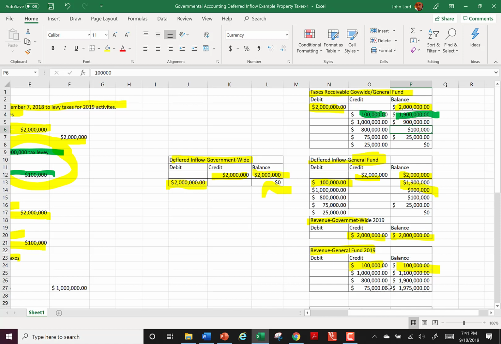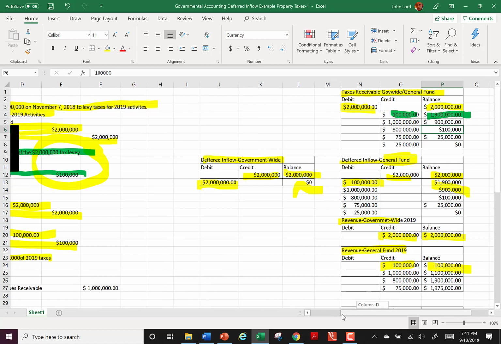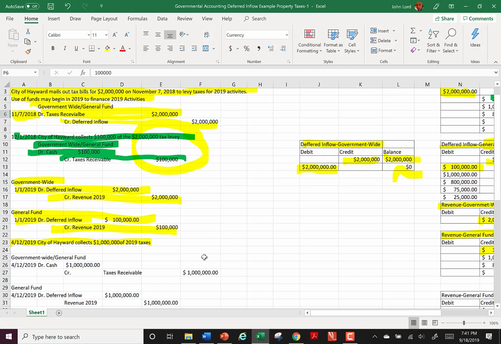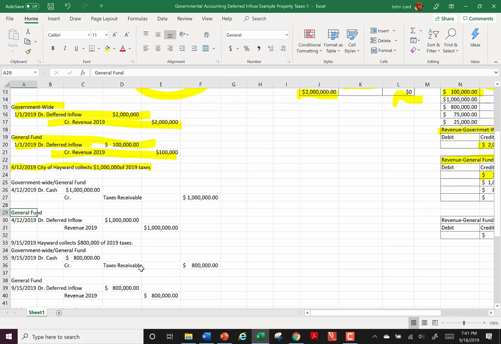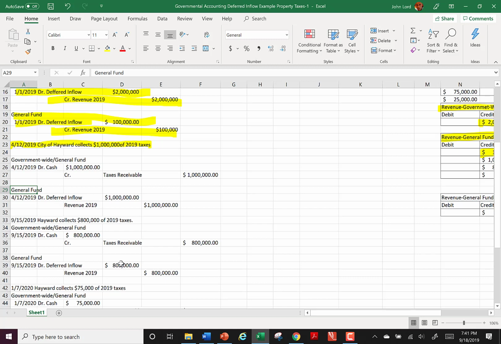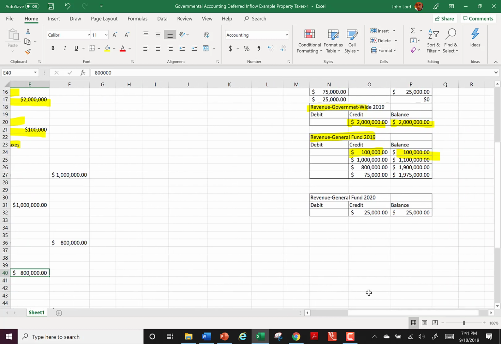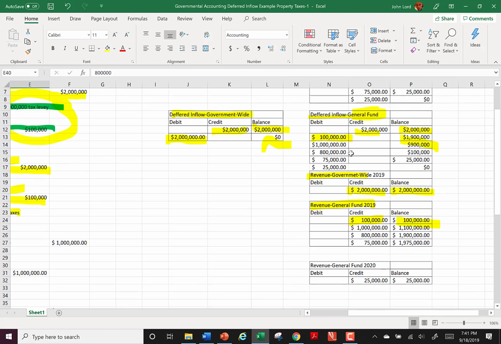I can go ahead now and recognize some more revenue at the fund level by debiting the deferred inflow for this 800,000 and crediting the revenue for 800,000. I still have 100,000 left to go in my deferred inflow, and my revenue is now 1.9 million.